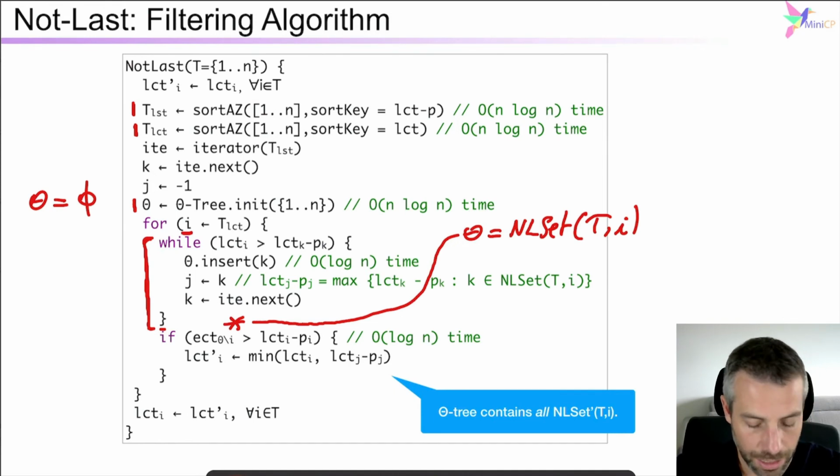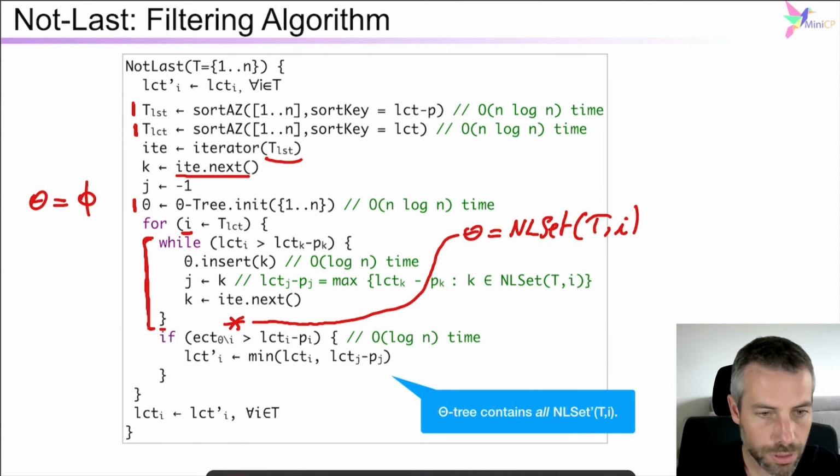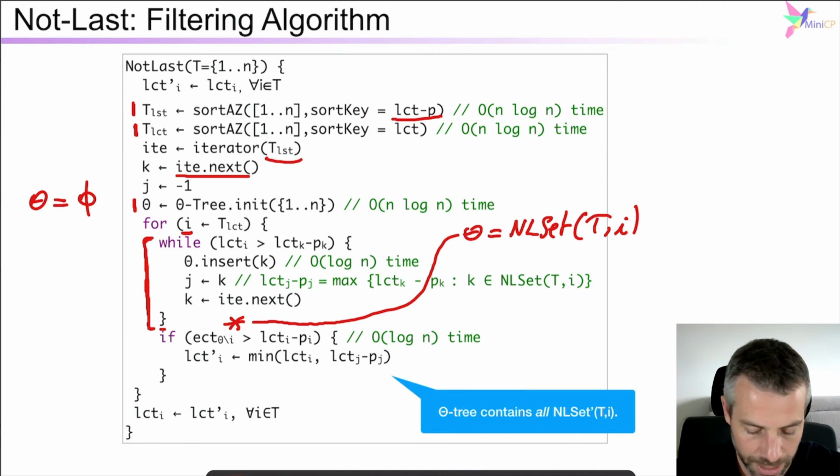And we can add them one by one because here we will consider an iterator that will iterate according to the latest start time order, so according to this order. And this is why we will be able to add them one by one.